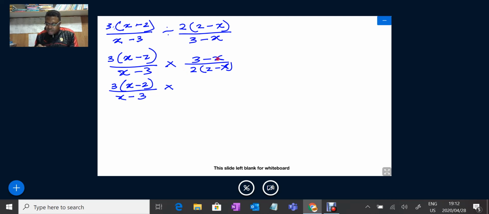We have a negative x and a positive 3. This x is negative, this 3 is positive. I hope you can see. Over 2. This x is negative, I'm doing this deliberately, and we have a positive 2.